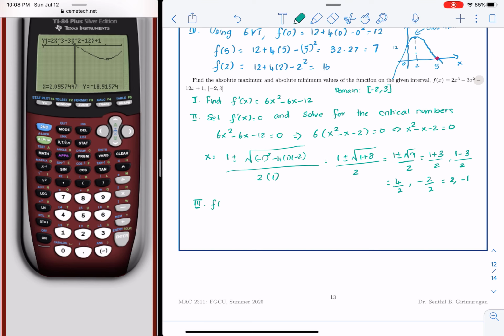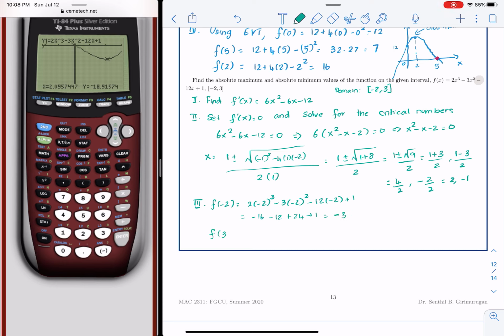So f of minus 2 is 2 times minus 2 cubed, minus 3 times minus 2 squared, minus 12 times minus 2 plus 1. So minus 16 minus 12 plus 24 plus 1, which would give me minus 3.